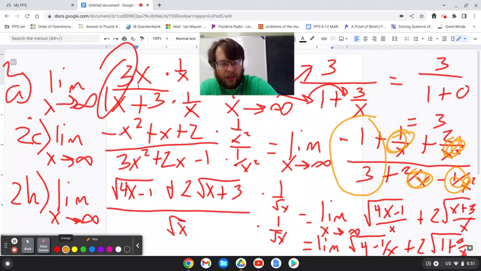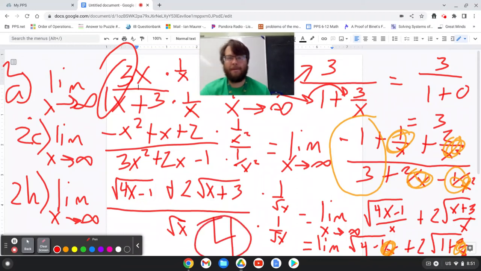We can apply the limit as x approaches infinity, getting 0 for this value, 0 for this value, leaving you with the square root of 4 plus 2. So your final answer is just 4 there. So you can shortcut it if you noticed that the top and bottom had the same degree, they both have the 1/2 power, and the top has a leading coefficient of square root of 4 and 2. So that's how you get the 4 there.